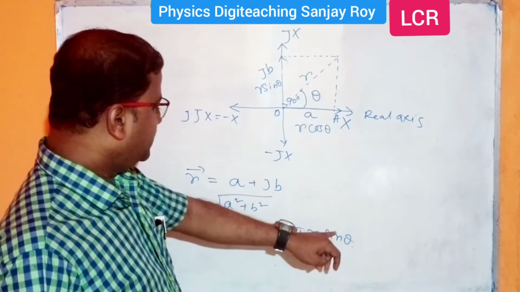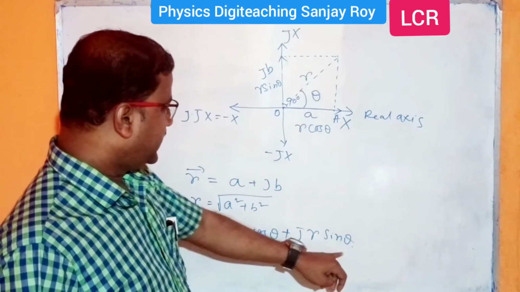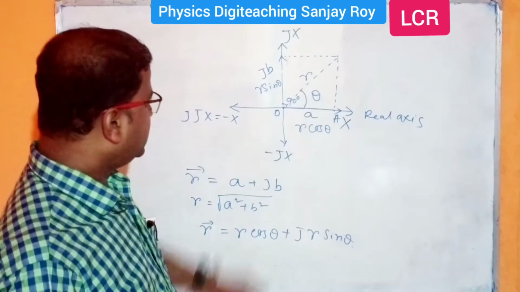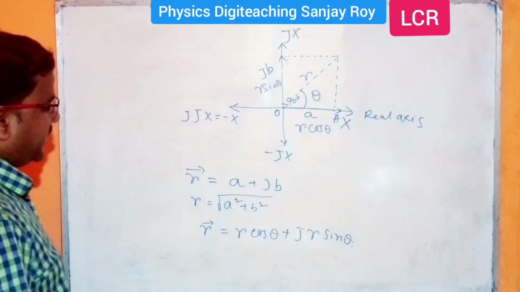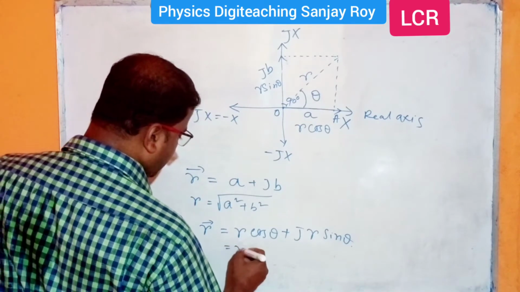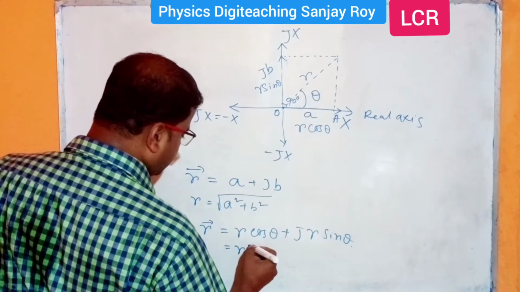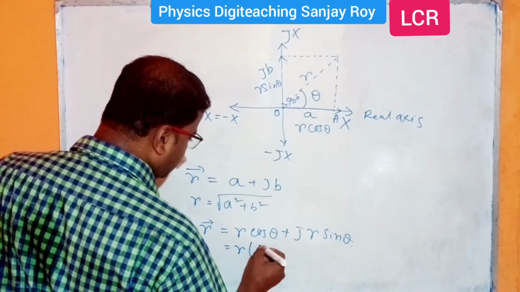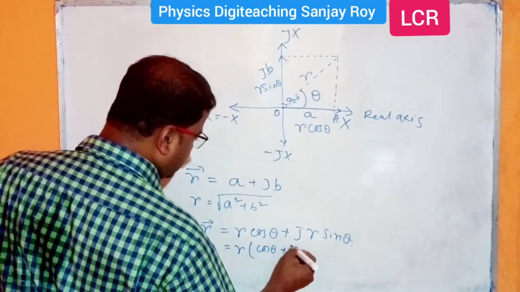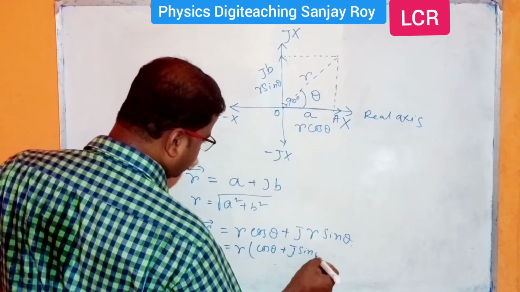We know if we multiply a real number with j, it rotates anti-clockwise through an angle 90 degree. Now R equal to R common, cos theta plus j sin theta.